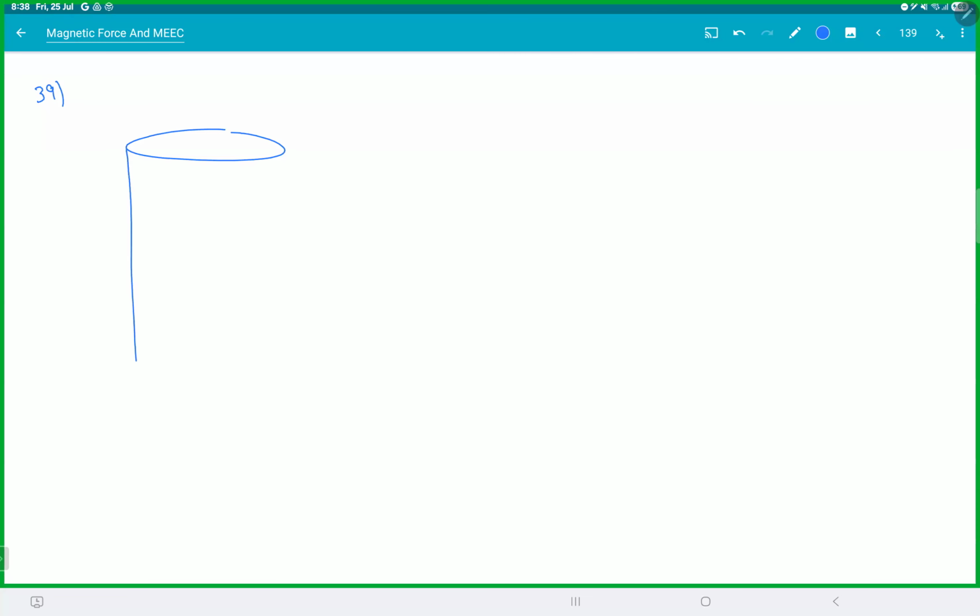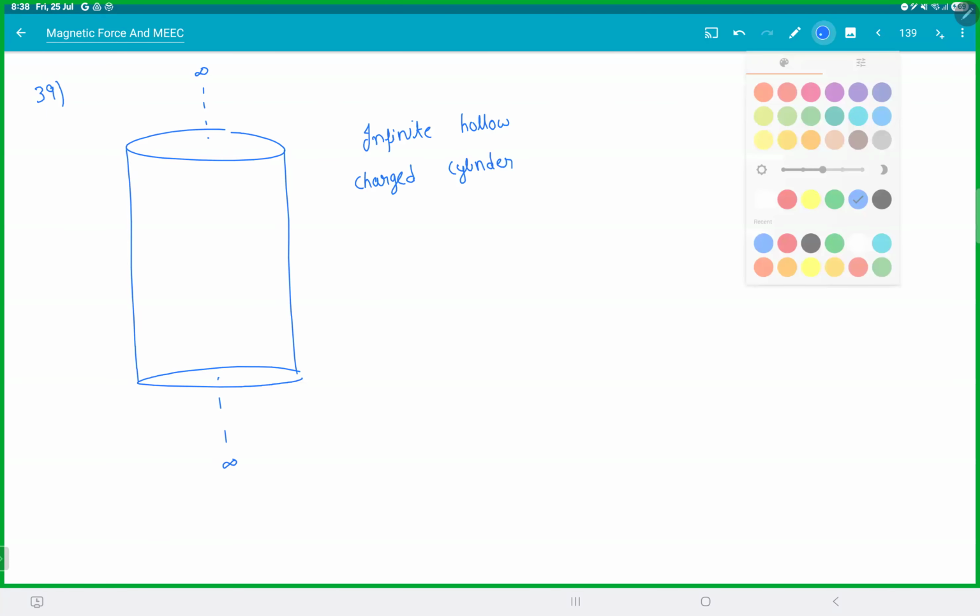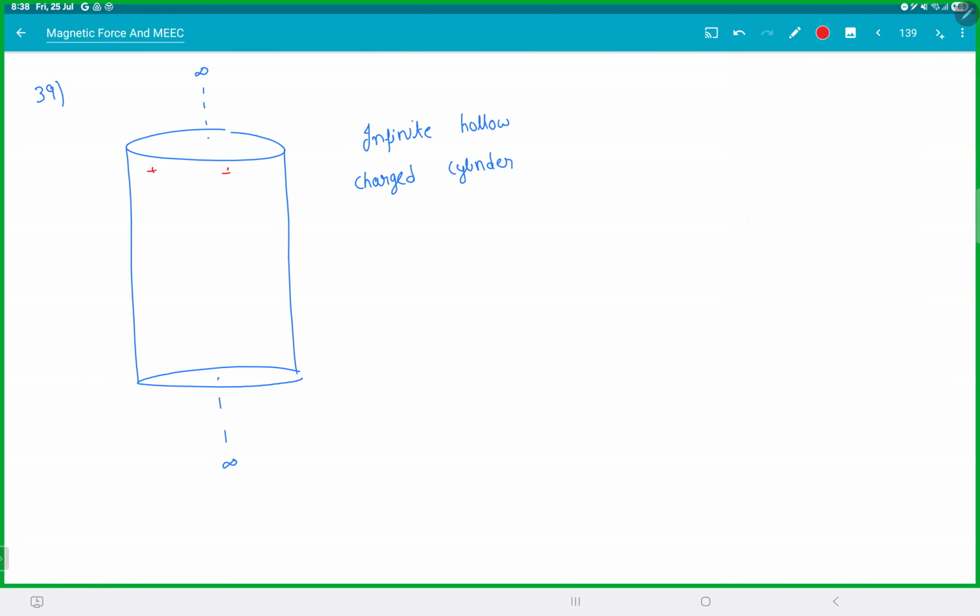We have an infinite charged cylinder. So this entire cylinder has charge on the surface.